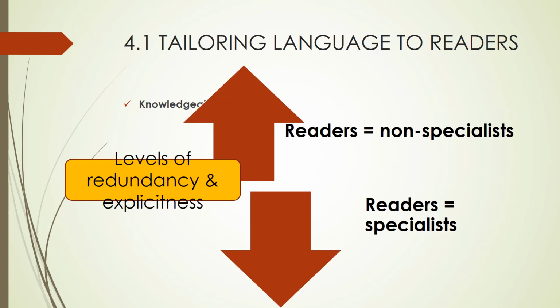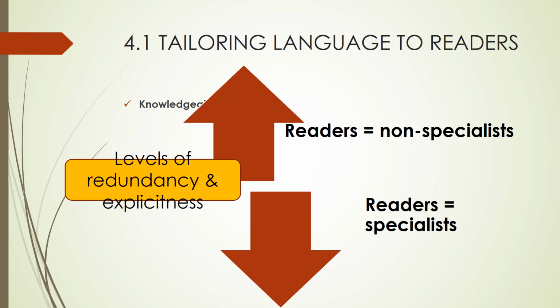So, on this diagram, you can see a kind of relationship between the levels of redundancy and explicitness and the group of readers. If the readers are the laymen and the outsiders of one field, the non-specialists, you should keep the text redundant and explicit so that they can understand it well.